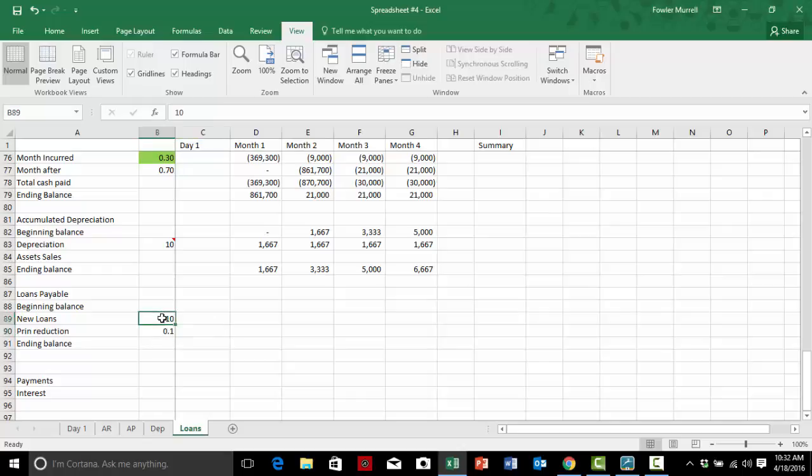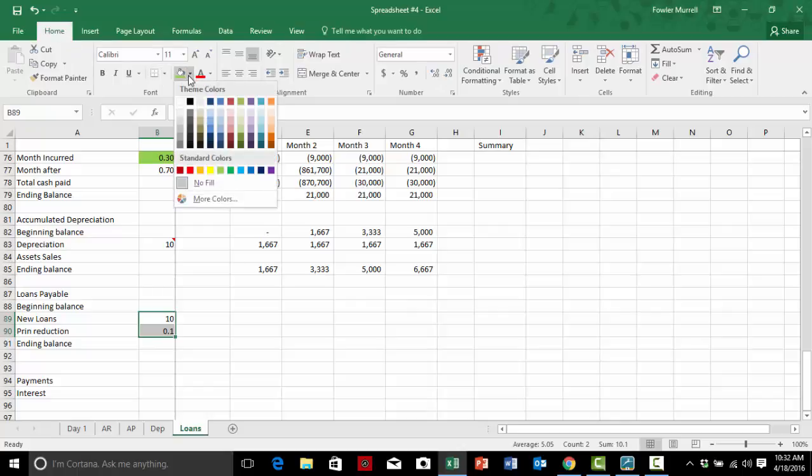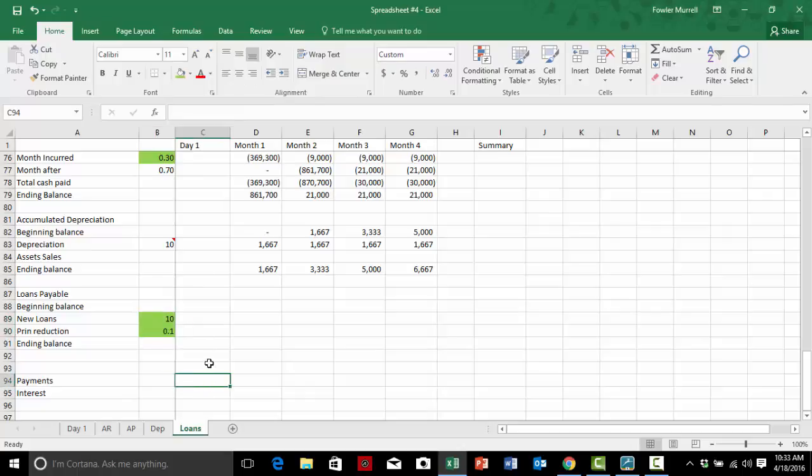And we can paint these green, so we know they're variables. You can attach comments to these so that you'll know what these are. This is 10 years, this is 10%.